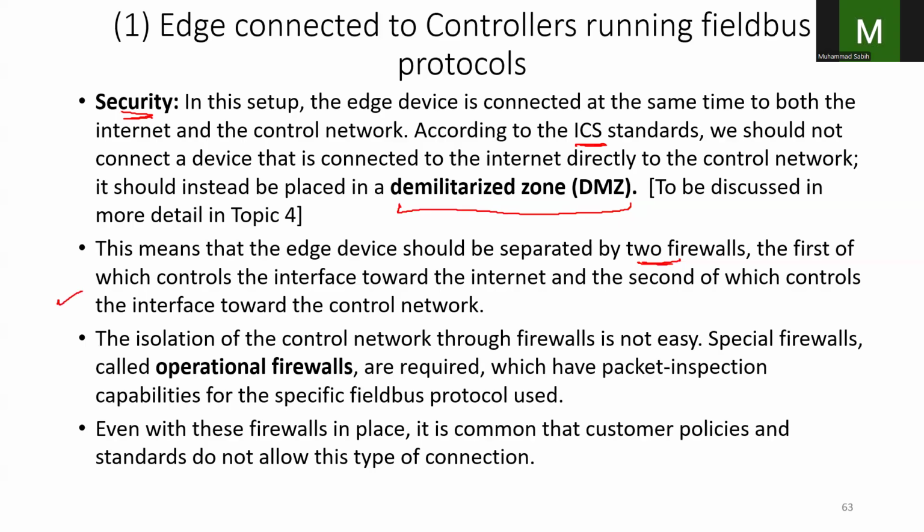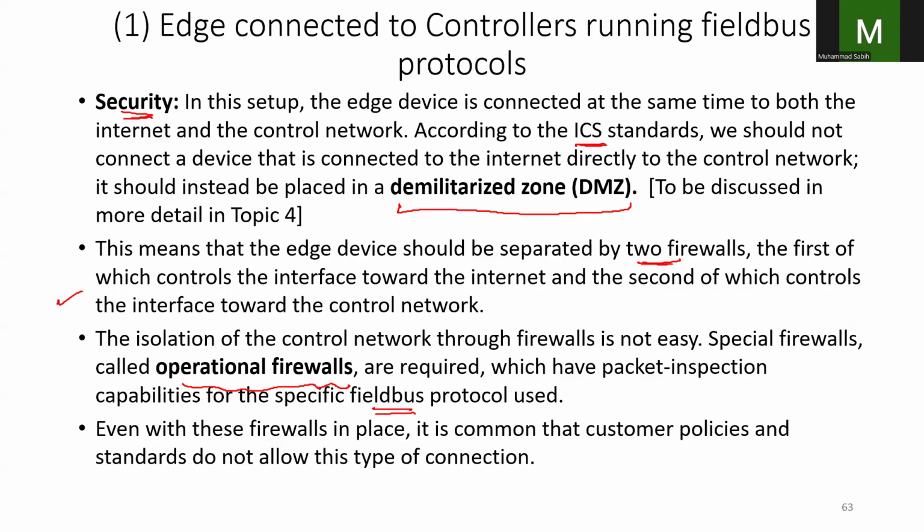industrial systems. But isolating the control network like this is not straightforward. We need specialized firewalls, which we call operational firewalls, designed to understand and inspect traffic from protocols like the field buses, Profinet or Modbus.